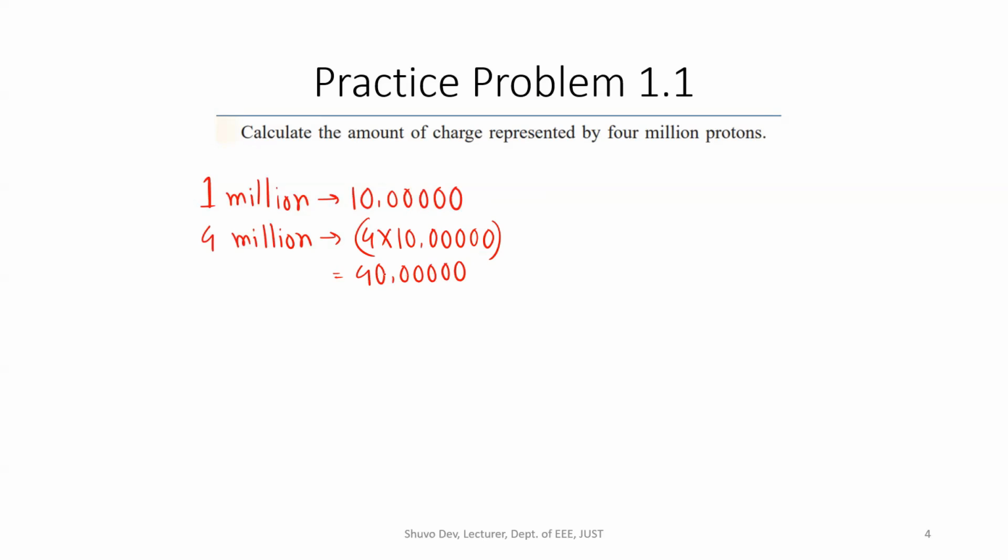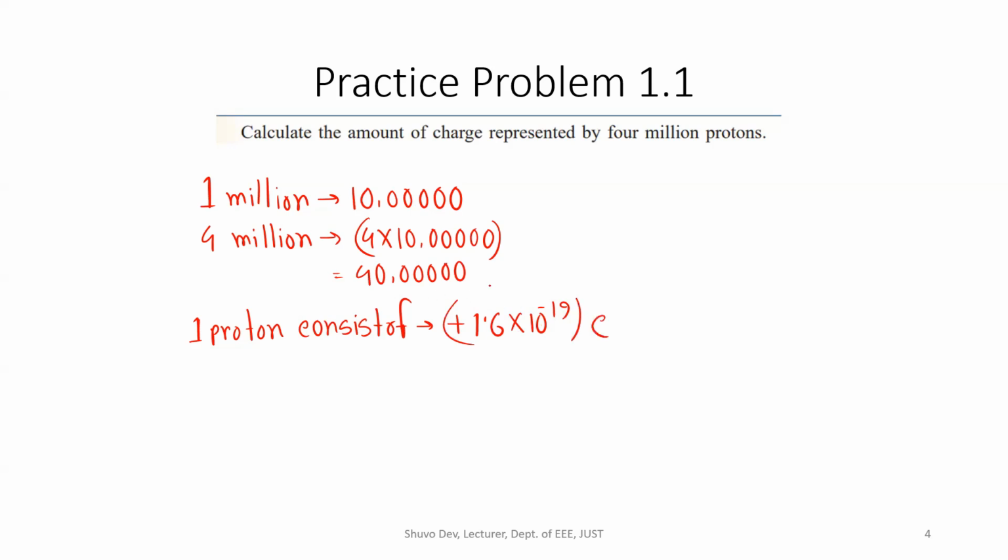The question asks us to calculate the amount of charge represented by 4 million protons. First of all, what is the charge of a single proton? One proton consists of a positive charge, 1.6 into 10 to the power minus 19 coulomb.